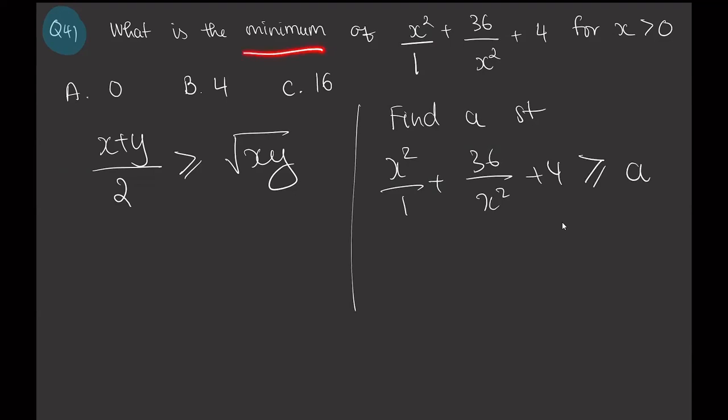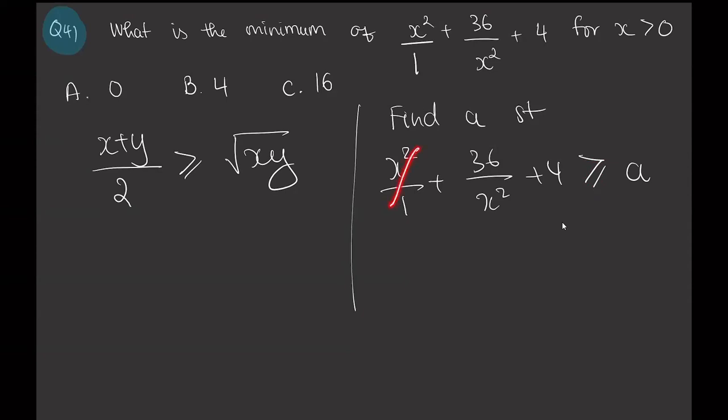Because it is minimum, so you want to find something greater than or equal to a number. If they ask you to find the maximum, it means they want this expression less than or equal to a number, then that number can be the maximum. But for the minimum, we want something with greater than or equal to, like this.